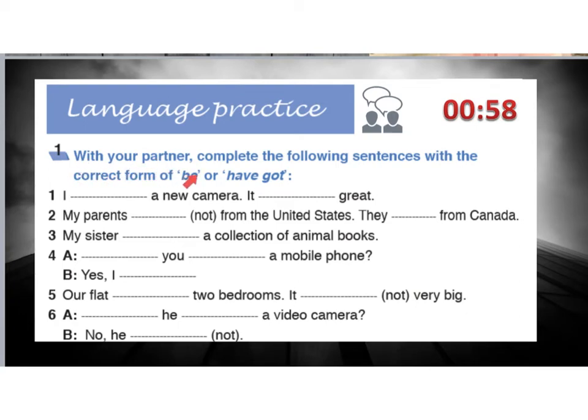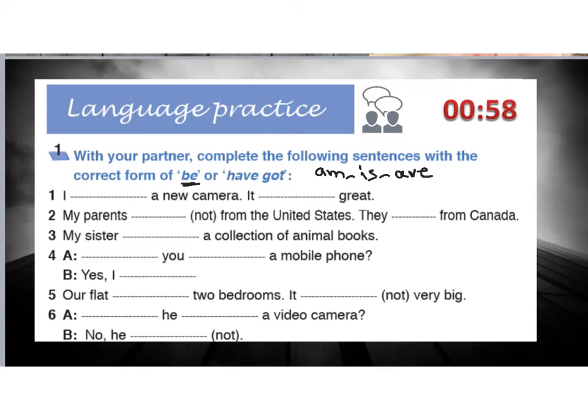With your partner, complete the following sentences with the correct form of be or have got. Remember, when I say be, I mean am or is or are.